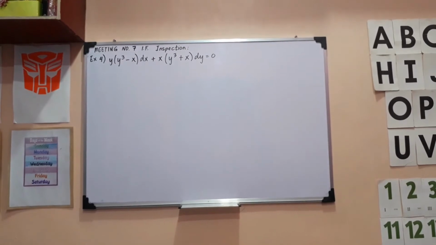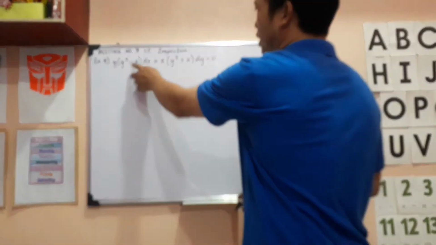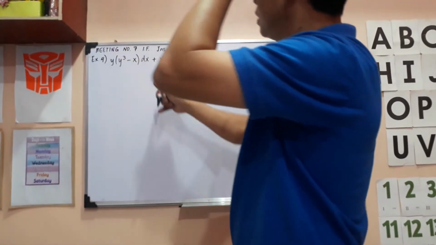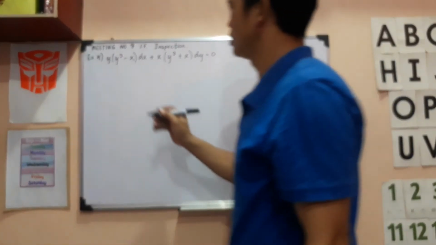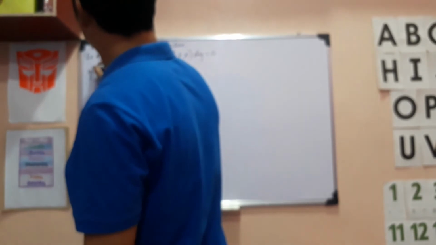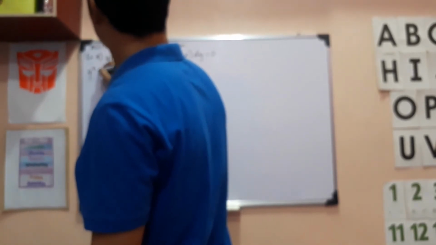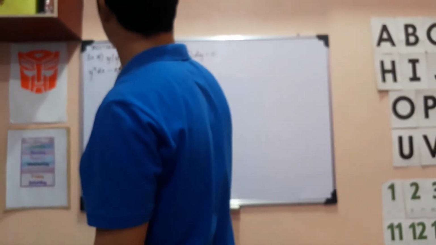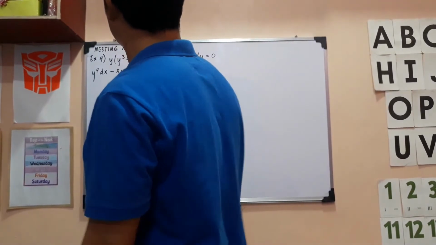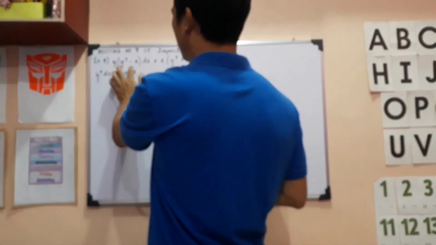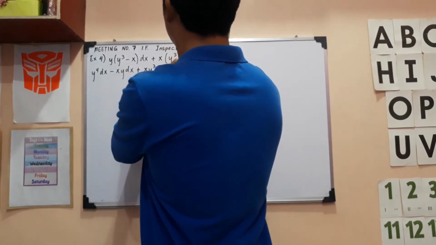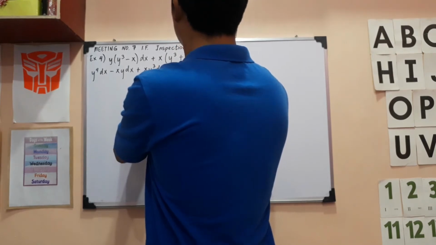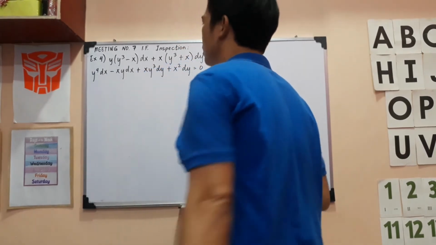Example number 4. So, y multiplied by y cube minus x dx plus x multiplied by y cube plus x dy is equal to 0. So, perform y to the fourth dx minus xy dx plus xy cube dy plus x squared dy is equal to 0.